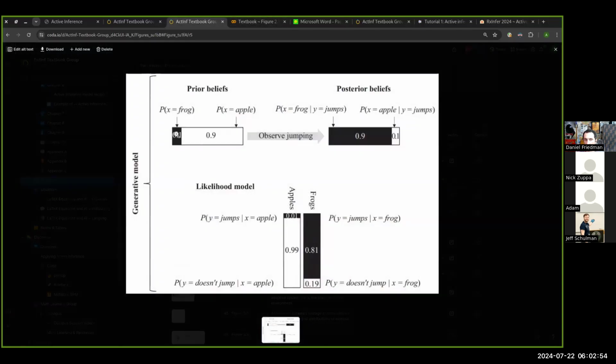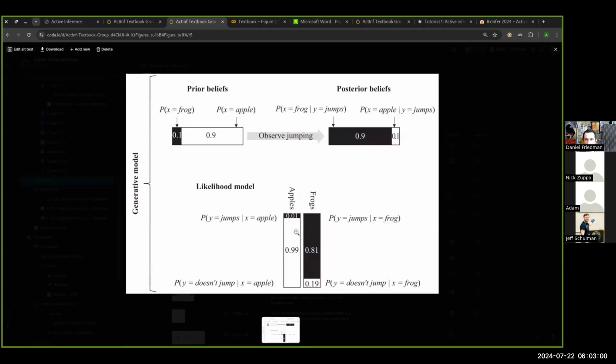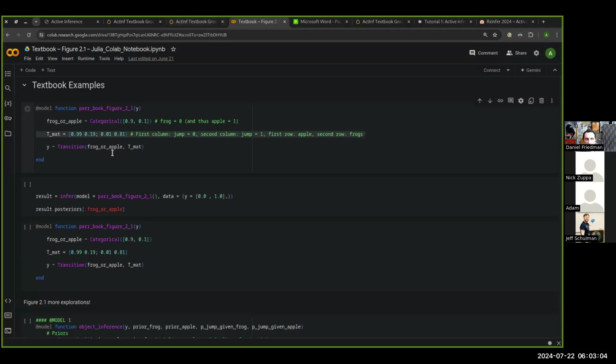Right here, 0.9, 0.1. Here's the T matrix. That's what it's just being called here, but the variable names don't matter. And then there's this observation that takes in those two variables and updates based upon observation. And then in ActInf, you just call it and you say the data were surely a jump.